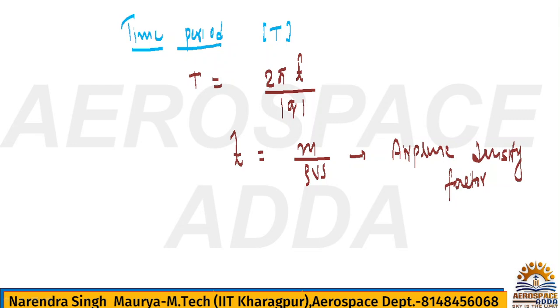And if you check all the values: M is simply the mass of the airplane, as usual symbol we have here, and rho is the free stream density.